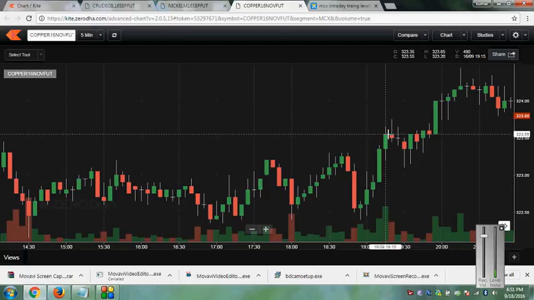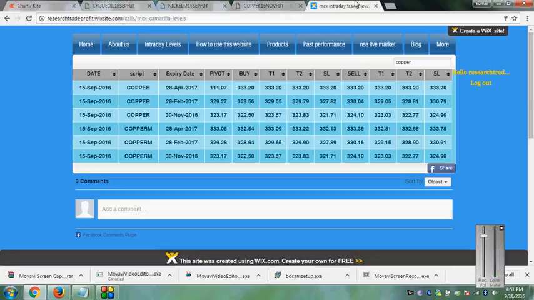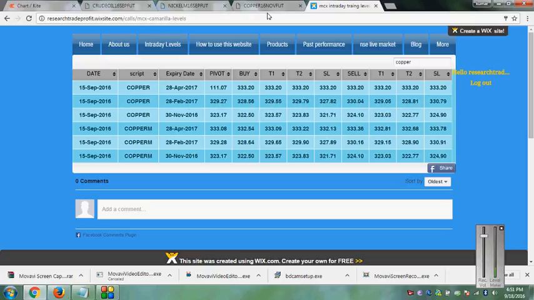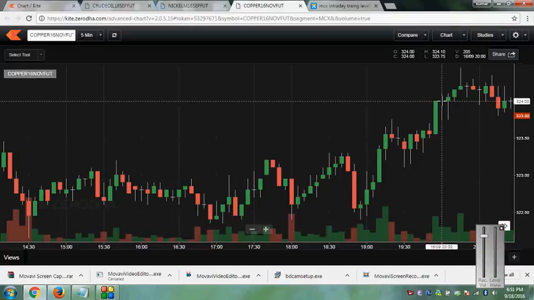Friends, I hope you are able to see these levels. Yes, at this level the sell call target was done, 323.65, and our target was 323.55, and the next target was near 323.80. Wow, it had already broken this level.